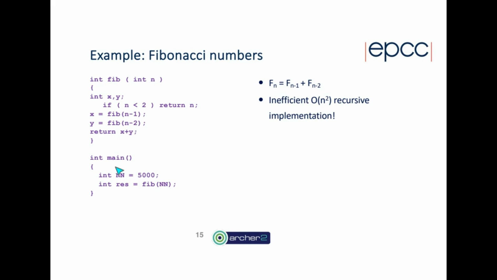At the top level we need to kick off the recursion somehow. If we're interested in computing the 5,000th Fibonacci number, we could just pass 5,000 in at the top level and let the recursion do the rest. Again, this is a pattern which is tricky to implement without tasks in OpenMP.